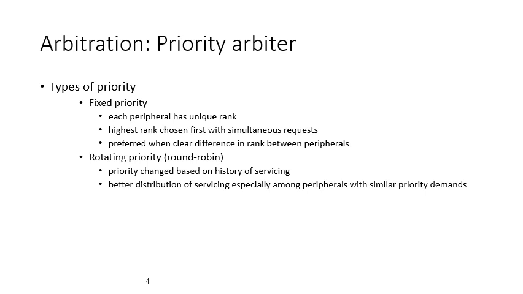This gives better distribution of servicing, especially among peripherals with similar priority demands. So we are going to provide better distribution to the peripherals with the same priority demands. In that case, the priority is changed based on the history of being serviced.